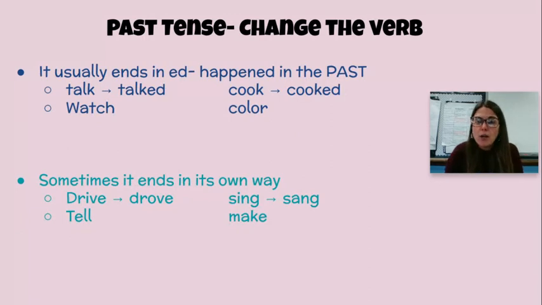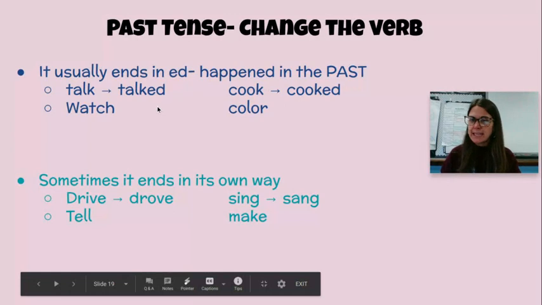Also, you are going to look for past tense verbs and make sure that the past tense is spelled right. So past means it happened yesterday or it happened a long time ago. It's not happening right now. It already happened. Okay, it happened in the past. Usually this ends in ed.